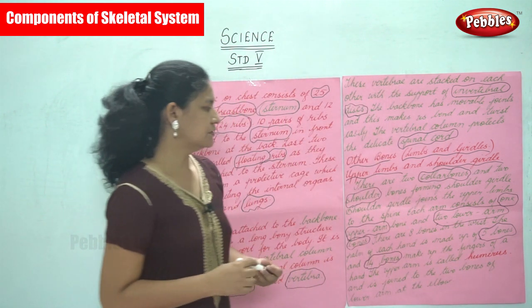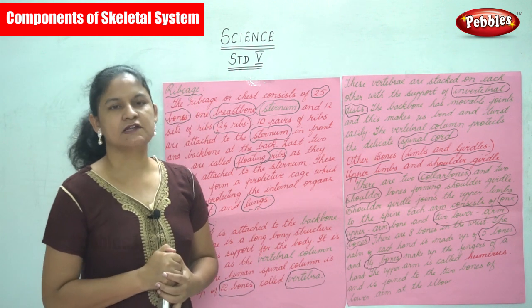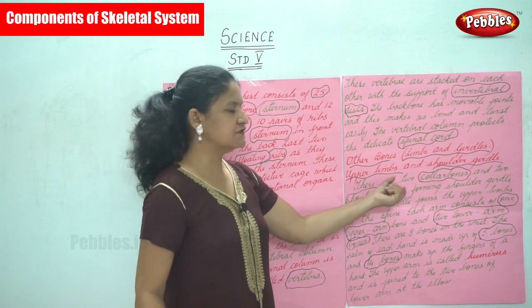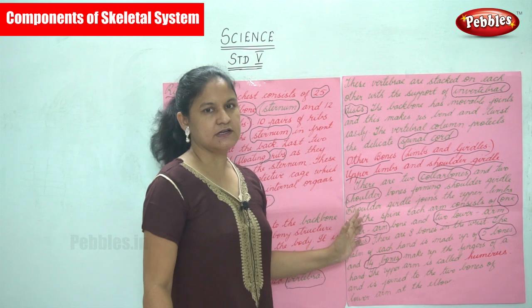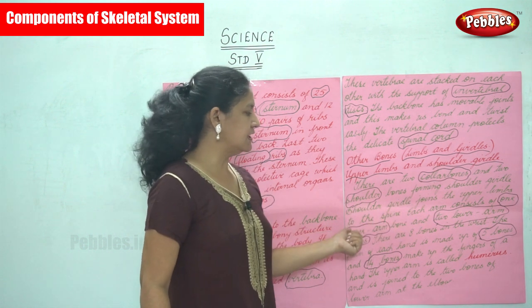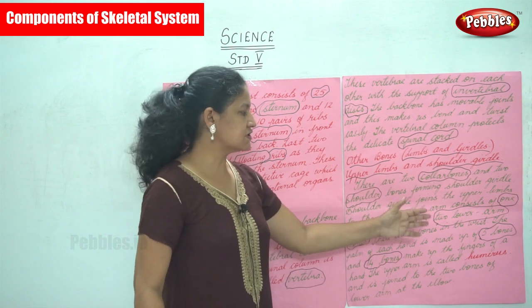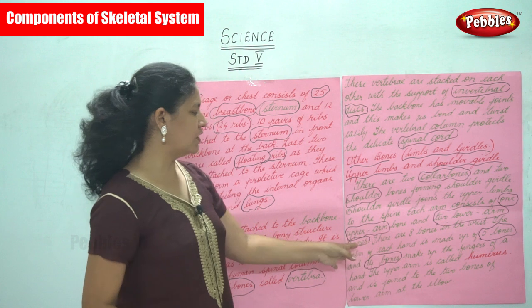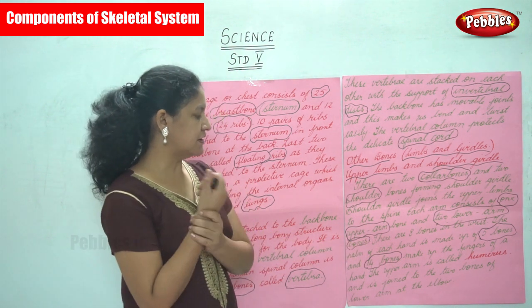So talking about the shoulder girdle, there are 2 collar bones and 2 shoulder bones forming the shoulder girdle. The shoulder girdle joins the upper limbs to the spine. Each arm consists of 1 upper arm bone and 2 lower arm bones. There are 8 bones in the wrist.